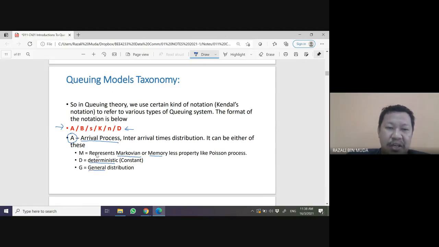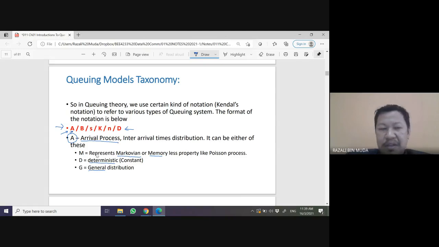So this is A, the arrival process, the first notation in the format.